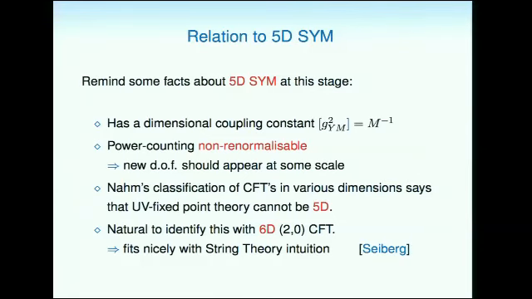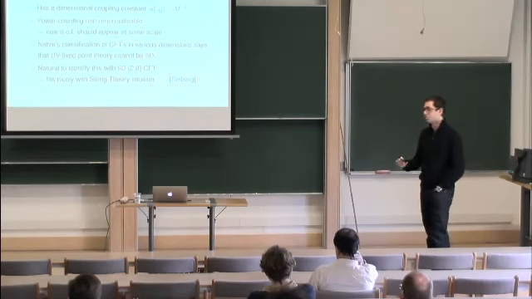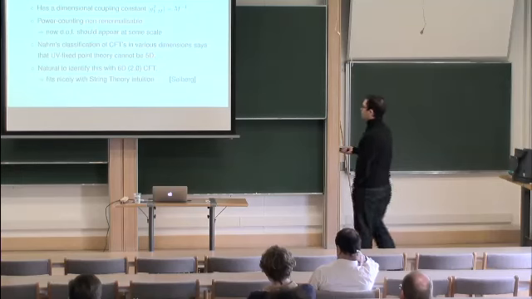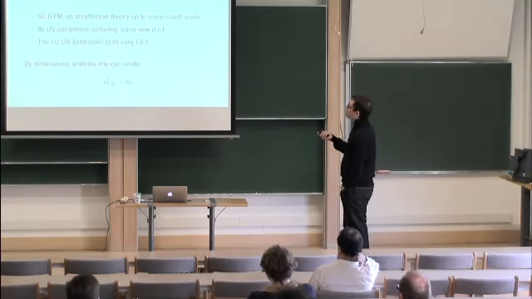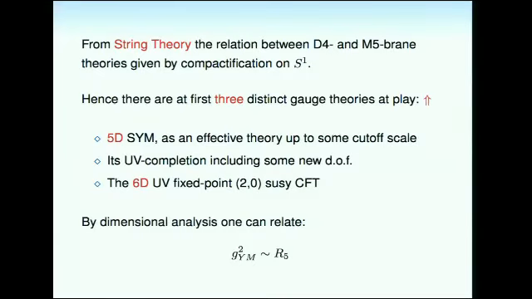And this is something that was put forward by Seiberg already in '96, '97, and it fits very nicely with string theory intuition. So, of course, from the point of view of string theory, the relationship between D4 and M5 brane theories is given by compactification on a circle. This is nothing but type IIA and M-theory duality.